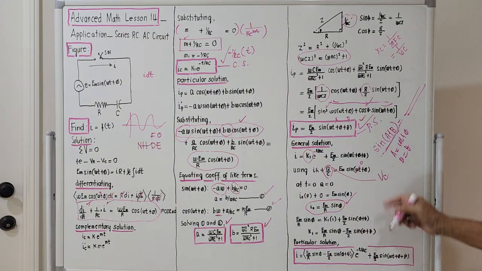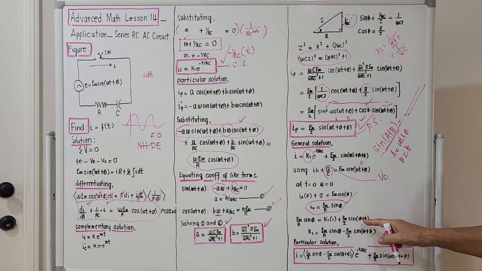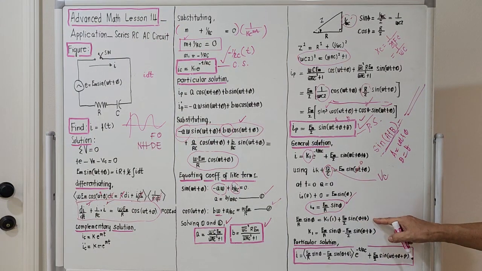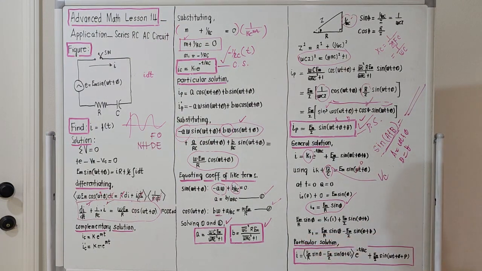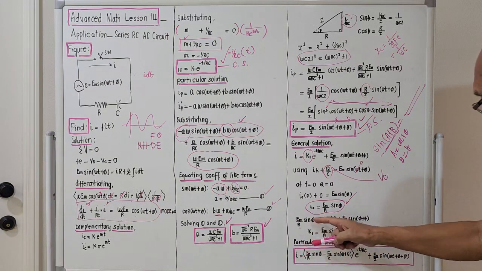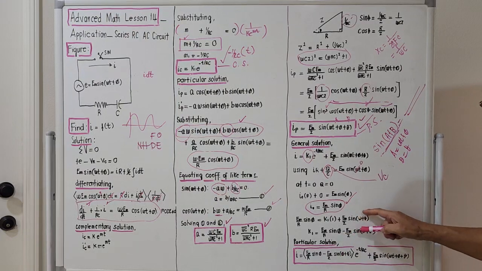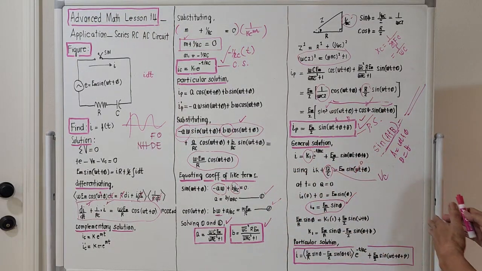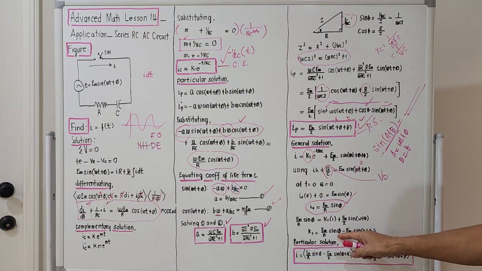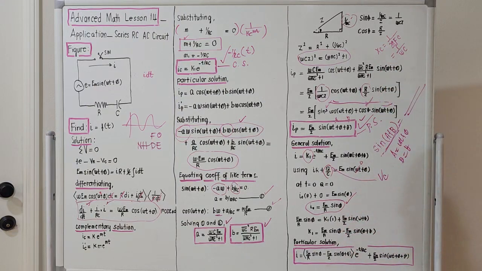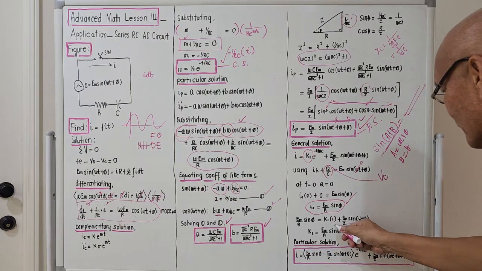So what remains in the parenthesis is just simply angle P plus theta. So K1 now will be E sub m over R sine of angle P minus this value here. We transpose this to the left and rearrange. This is minus. So now we know the value of K1.